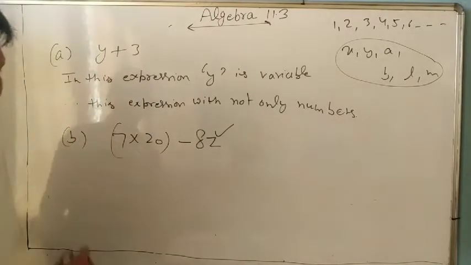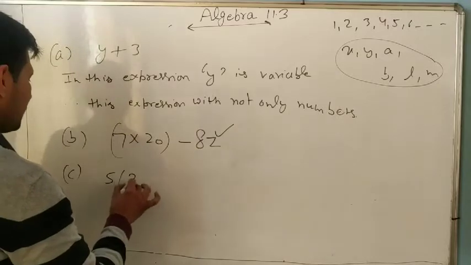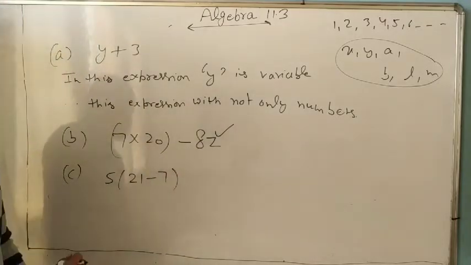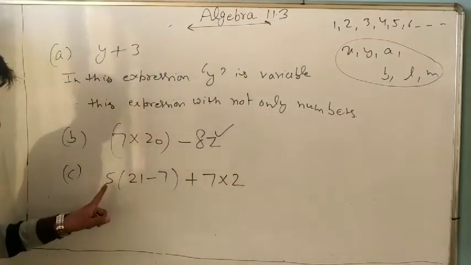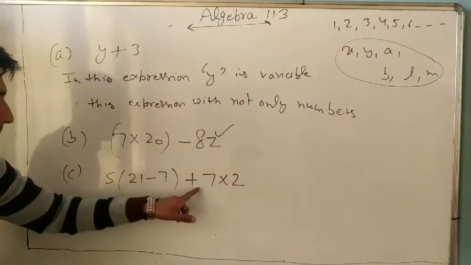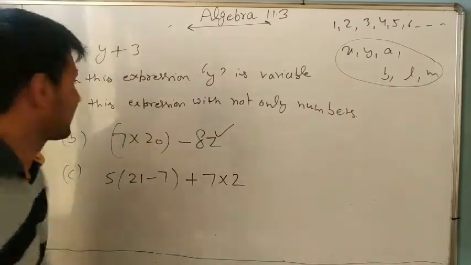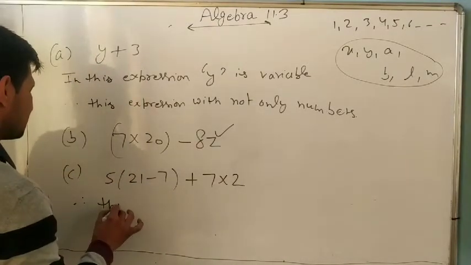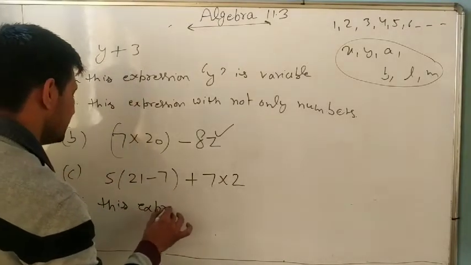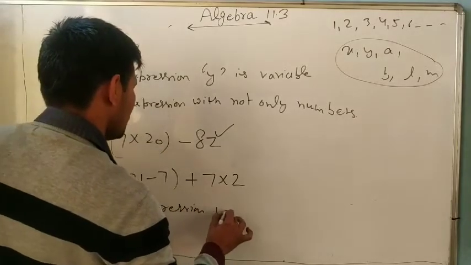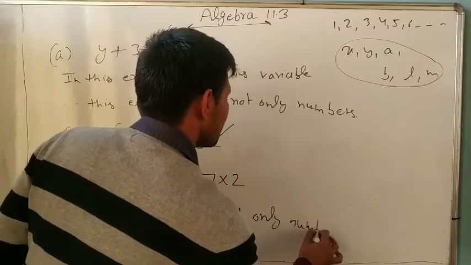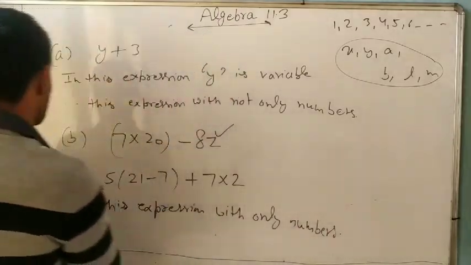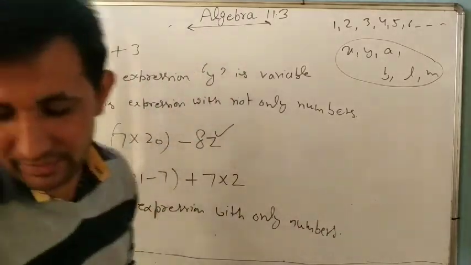Next is the C part: 521 minus 7 plus 7 into 2. Tell me, are all numbers? Yes. So this expression is with only numbers.